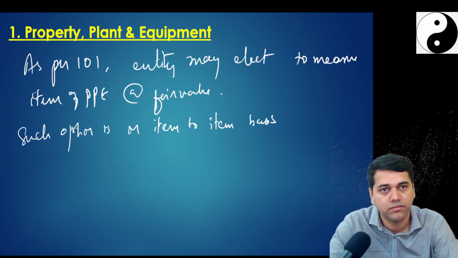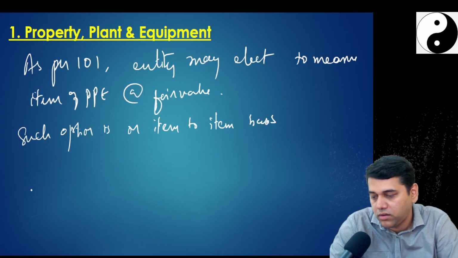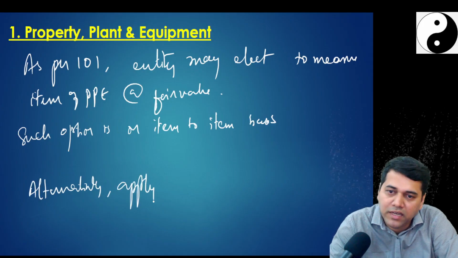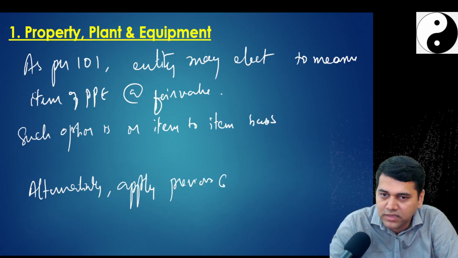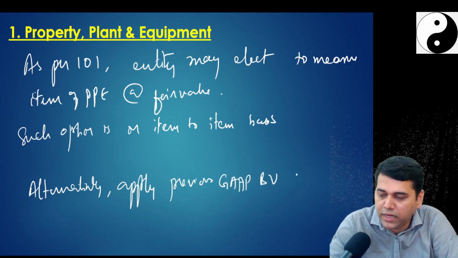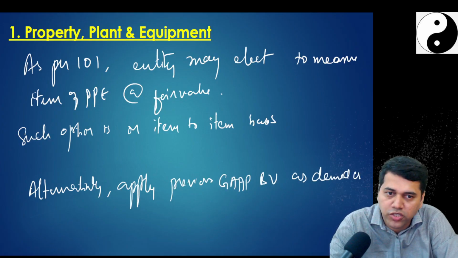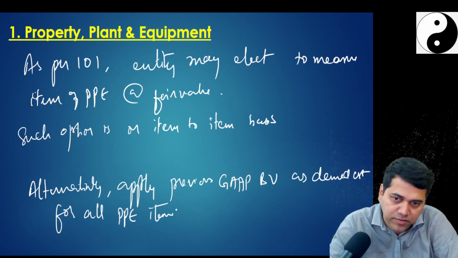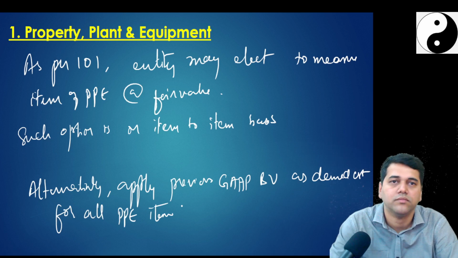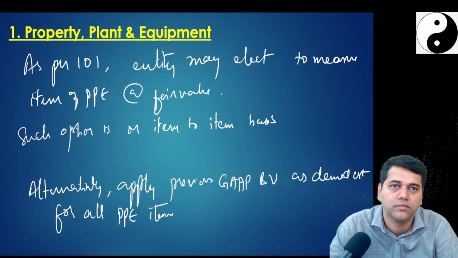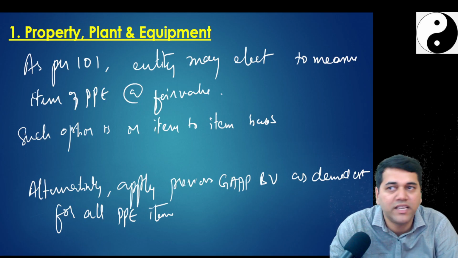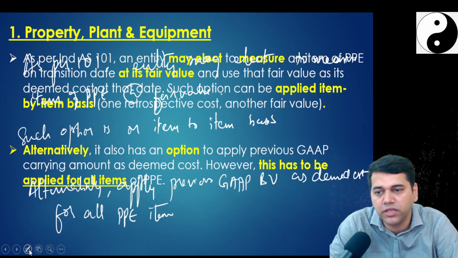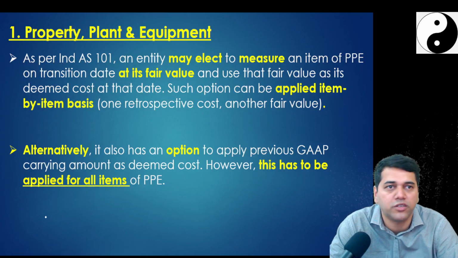Alternatively, apply previous GAAP book value as deemed cost for all PPE items. This is what your Ind AS 101 says. Are you clear? So you will write this story. Please check in the examination. You can shorten this, you can do it.